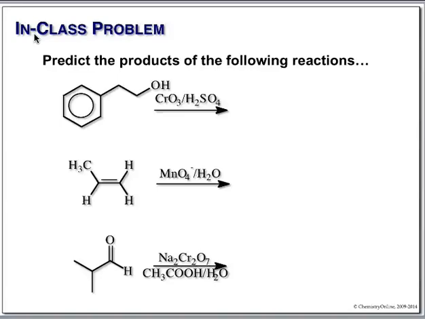Our first reaction, oxidation with acidic chromate, our Jones reagent. We know that a primary alcohol, this guy right here, is going to be oxidized to a carboxylic acid. That means that this carbon will be the carbonyl. We'll have a CH2 and then a ring, and it will look like that.